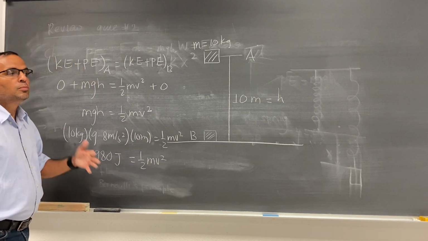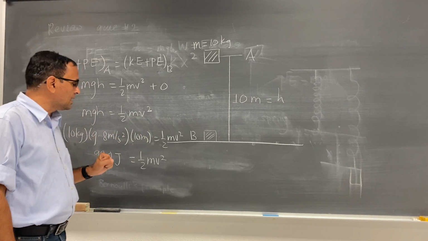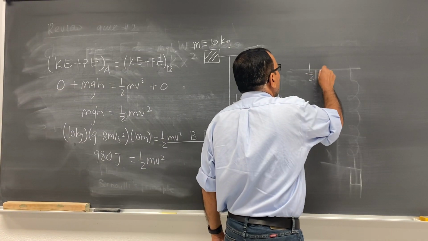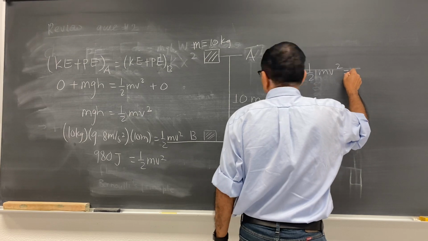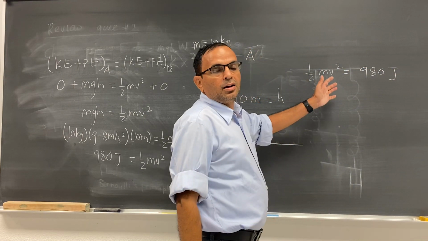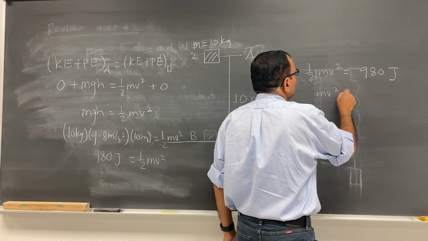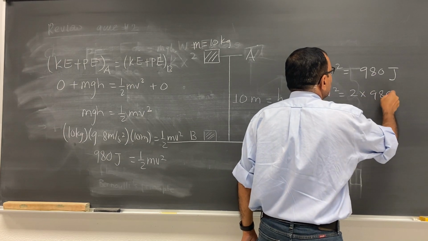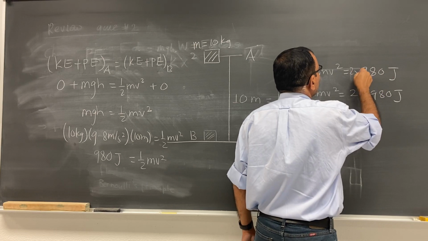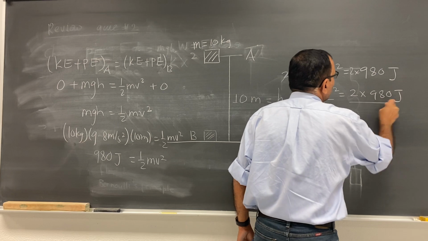Sometimes people ask what the speed is before hitting the ground. You can calculate it from here. 1/2 mv squared equals 980 joules. To get the speed, multiply by 2 on both sides so the 2s cancel out, and divide by m on both sides.